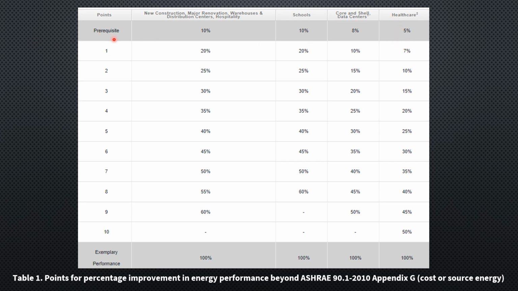But with additional improvements, the points also increase up to 10, and a 100% improvement in energy performance is noted as exemplary performance. So this is how this table works.